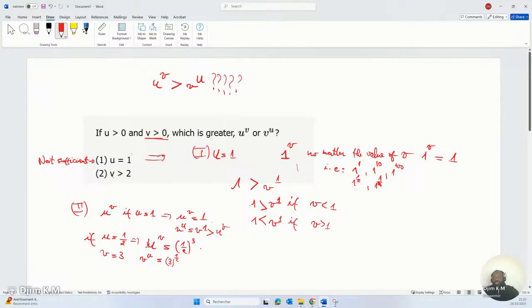Okay, so this is going to give us 1 over 8. So 1 over 8 is a 0 something, so it's less than 1.